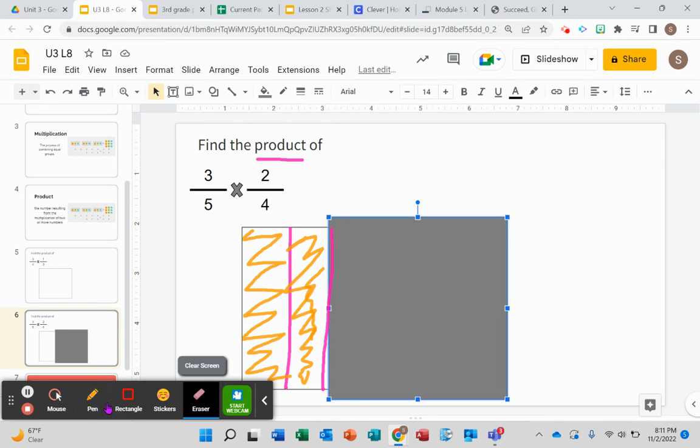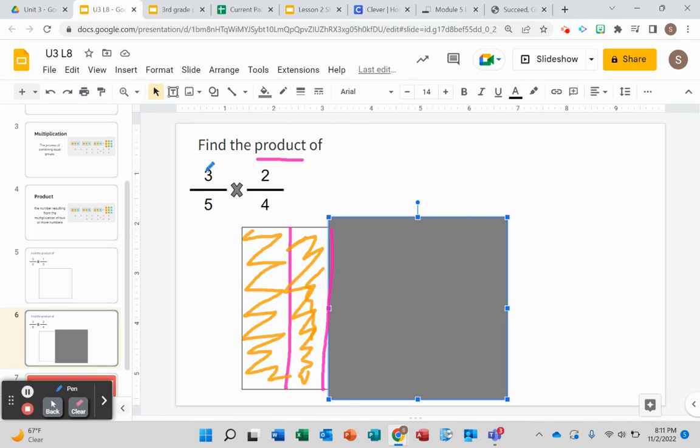Okay, now that I did that, I have to look at my 3/5. What this is telling me is I only need 3/5 of each fourth, right? So I'm going to split up my 2/4 into fifths. I'm sorry.